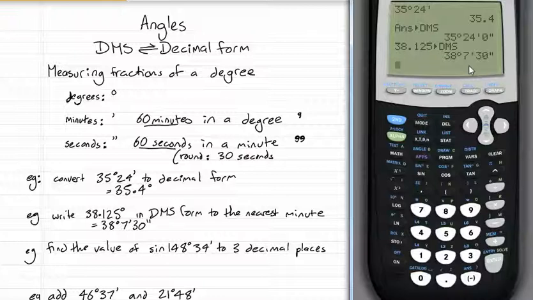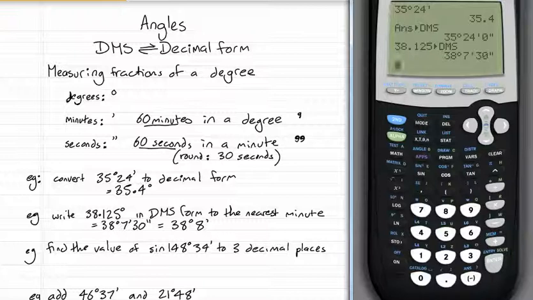We round up at 5 when we're dealing with decimals, because that's halfway. But 30 seconds is our halfway point, so at 30 seconds or more we round up, so we are looking at 38 degrees, 8 minutes. We write degrees and minutes like so.